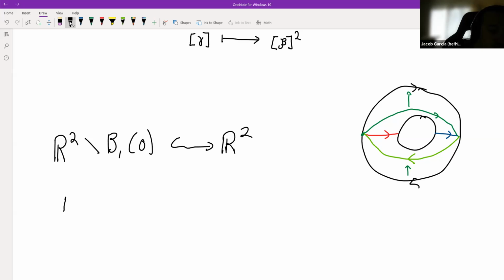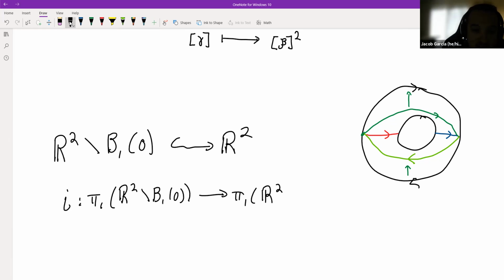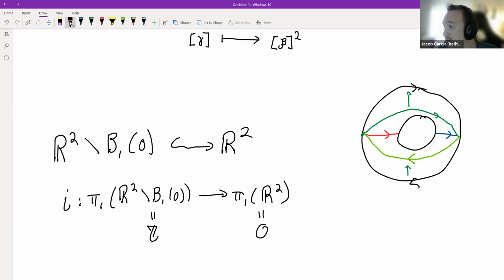And then that inclusion induces a group homomorphism from the fundamental group of R2 minus the ball of radius 1 at 0 to pi 1 of R2. But this group homomorphism is not injective, because this is trivial and this is not trivial.